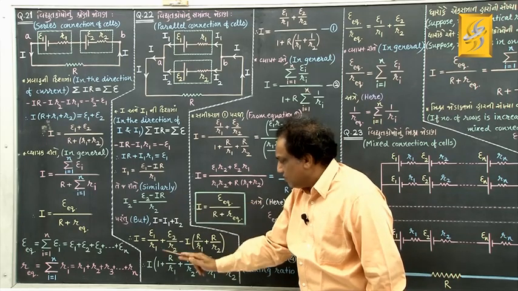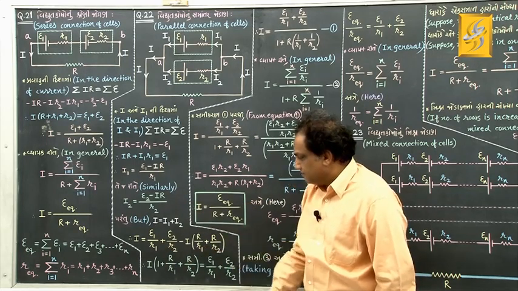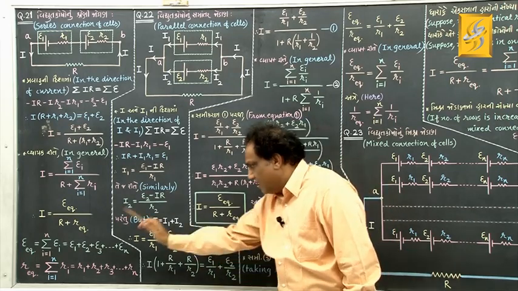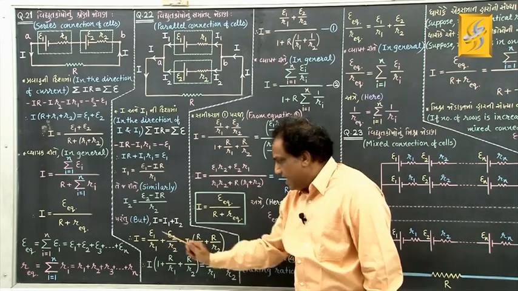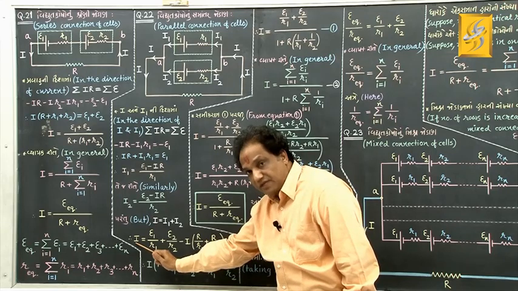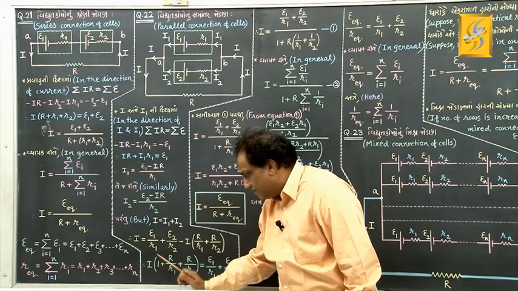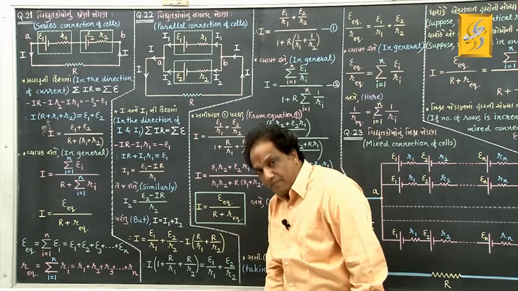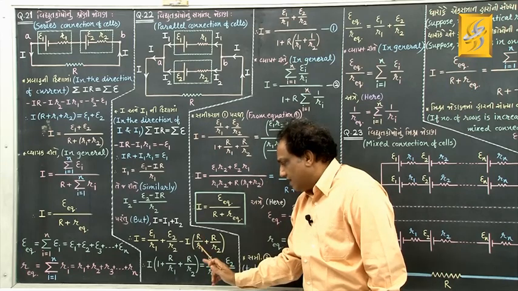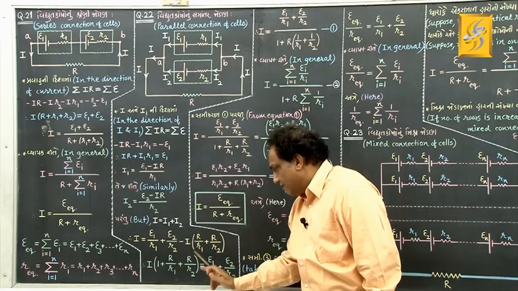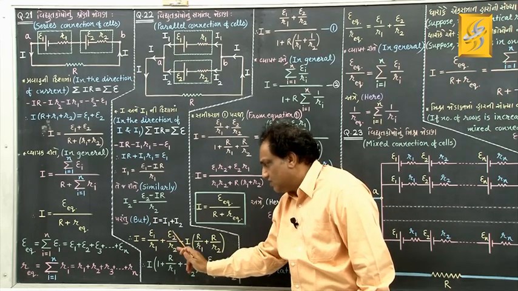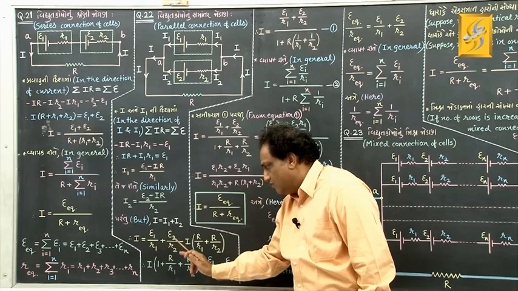So, this plus this you can write this way, and now transfer this term which is right now negative on the right hand side to the left hand side, it will become plus, and after that you can take I common, correct? If you take I common from here, the term left inside the bracket would be 1, and the transferred term will become plus, so inside the bracket now it is 1 plus capital R upon r1 plus capital R upon r2, correct? And on the right hand side you will find these two terms, E1 upon r1 plus E2 upon r2.